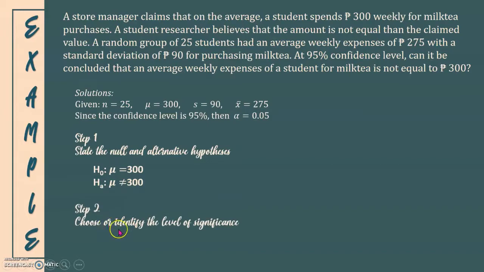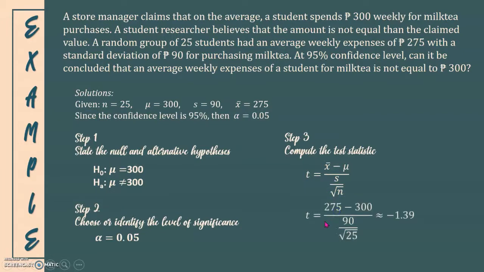Step 2, choose or identify the level of significance. So our level of significance is already identified, which is 0.05. Step 3, compute for the test statistic. So having this formula, t is equal to x bar minus mu over s divided by the square root of n.